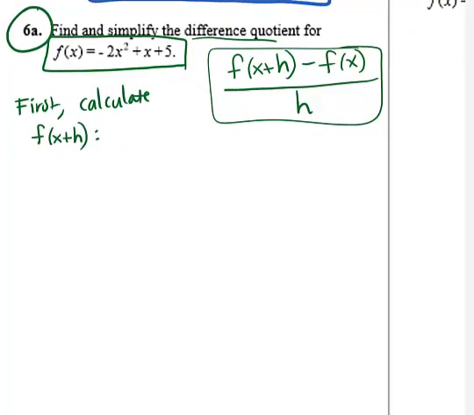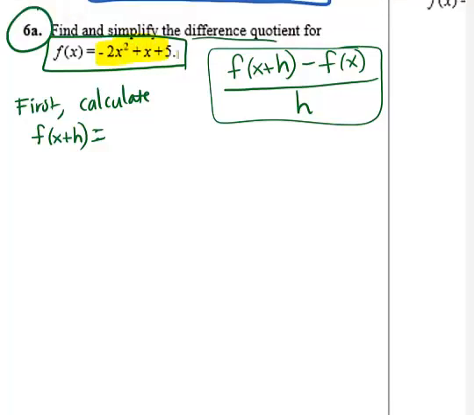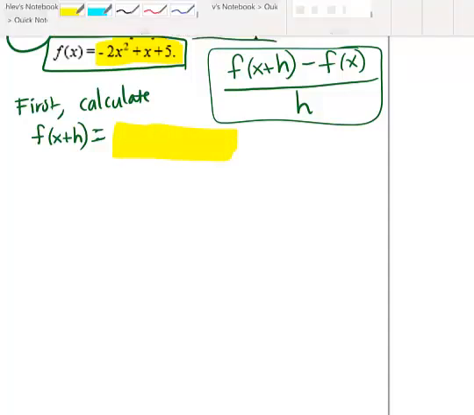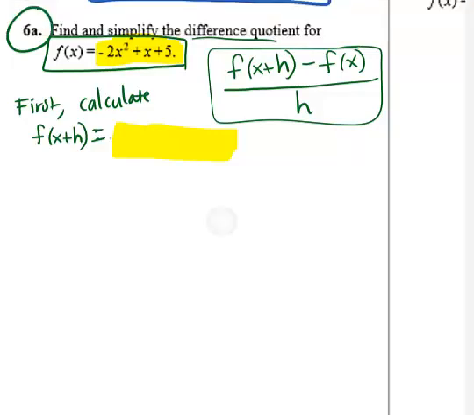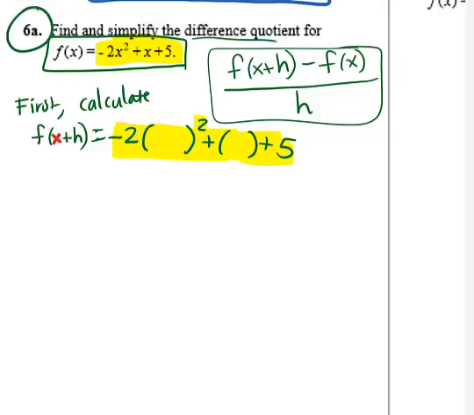But remember, if I calculate something like f of x plus h, that means I'm going to look at the right side of the function, but where the x's were, I'm going to replace it with x plus h, because that's what's in parentheses. So I'm going to rewrite everything else the same, negative 2, something squared, plus something plus 5. But where the x was, I want to put what they put in parentheses, x plus h.